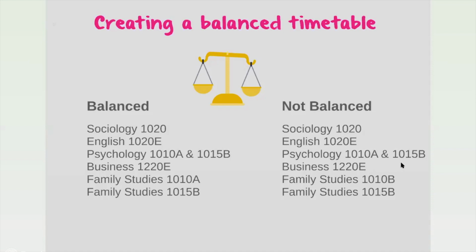And then in second term, again, the full year courses are continuing. So they have sociology, English, and business. But then they have psychology 1015B, family studies 1010B, and family studies 1015B. So they have 4 in first term, 6 in second term. So they would need to change one of these 2 second term courses to first term instead so that they have 5 and 5.